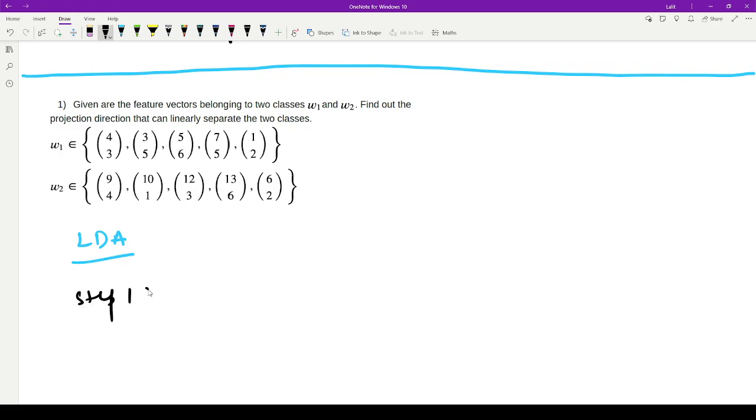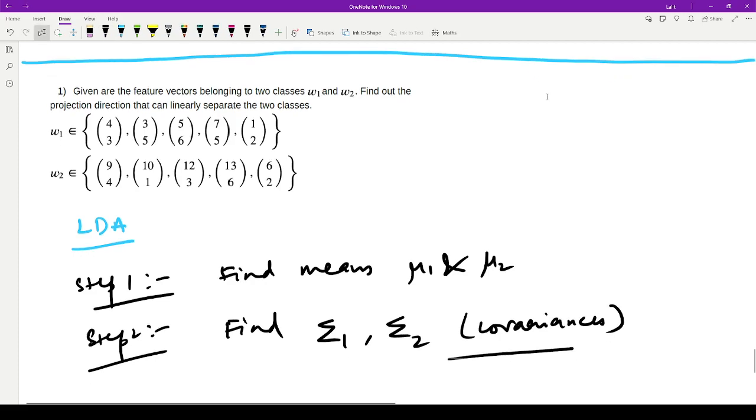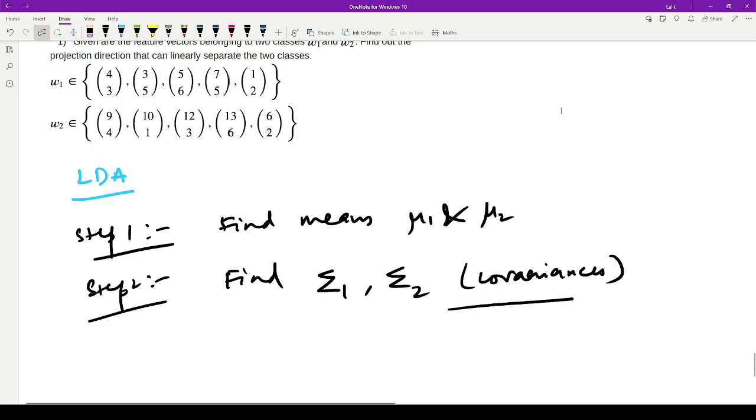Step one is find means mu1 and mu2. I think that is very easy. Just take the simple average over each dimension. And then step two is find covariance matrix sigma 1 and sigma 2. Covariance is for each class. Once you have covariance, then what is it that you need to do?